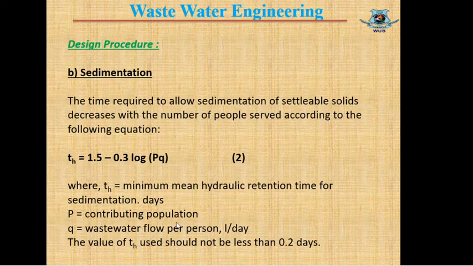P is the contribution population, that means the number of people who use that septic tank. Q is the wastewater flow per person, in liters per person per day, and the value of TH should not be less than 0.2 days, that means it will always be greater than 0.2 days.